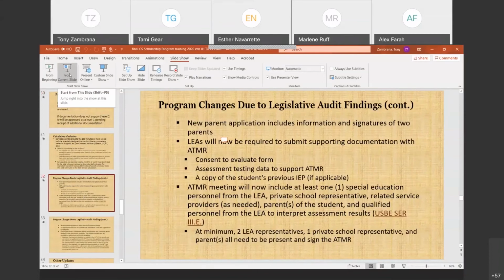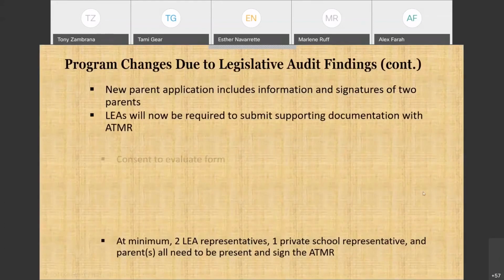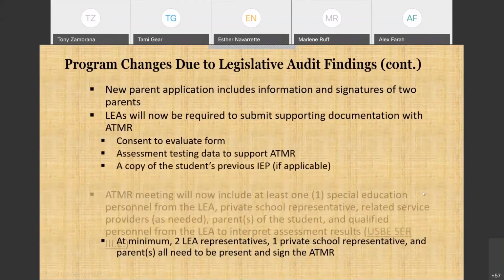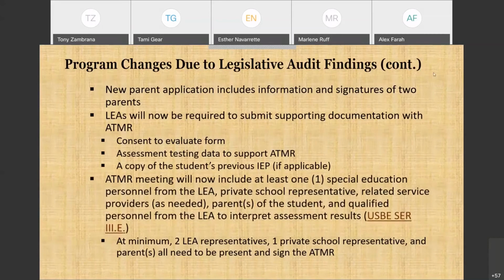Sorry, I had to pay attention to what I was doing, so I'm not sure where you left off, Tammy. We were on a copy of the student's previous IEP, but there is a question: they thought the supporting documentation was required to be submitted by the private school with the ATMR. Esther, you want to answer that?